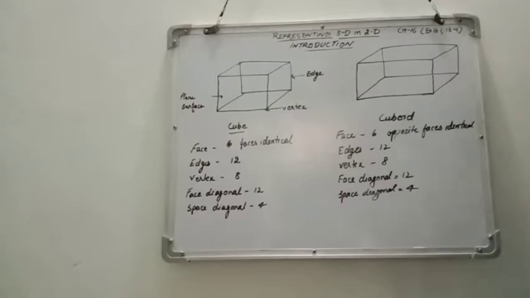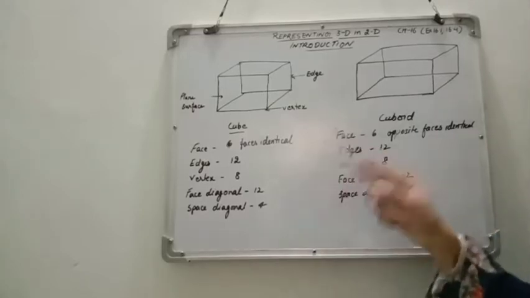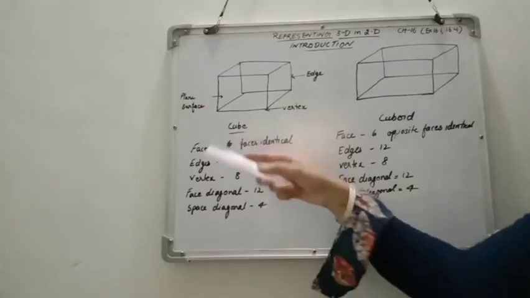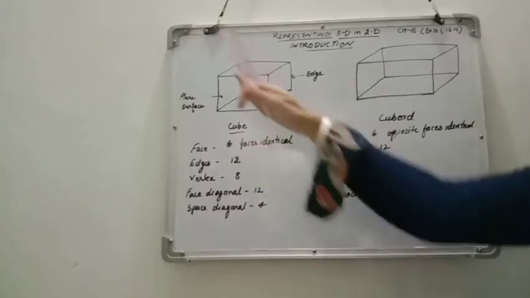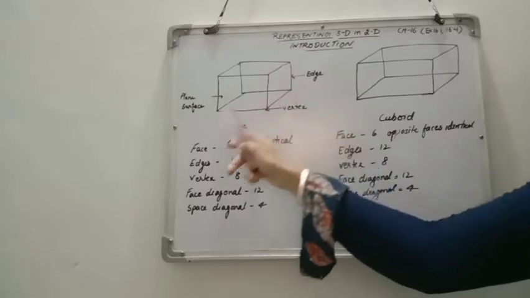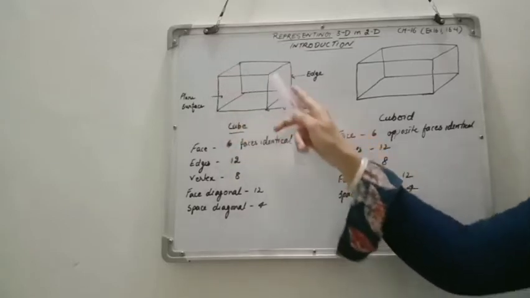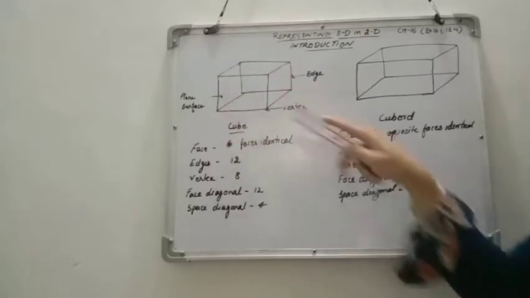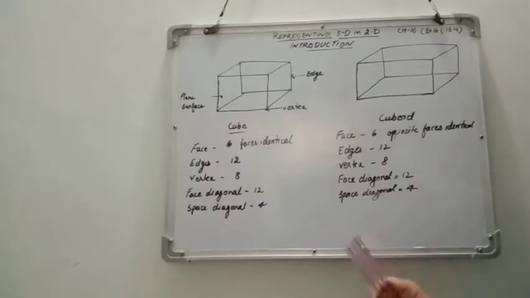Clear? What is a face diagonal and a space diagonal? Total 6 faces are there, so double of their diagonal. If this one is a face, the diagonal is like that, a cross. So how many crosses will be there? 12 crosses will be there. So that is called face diagonals.